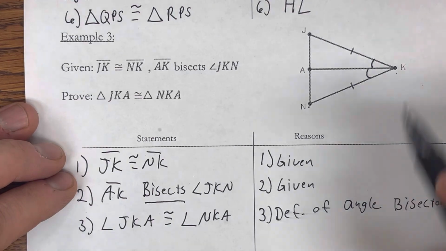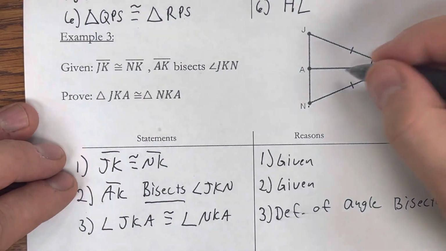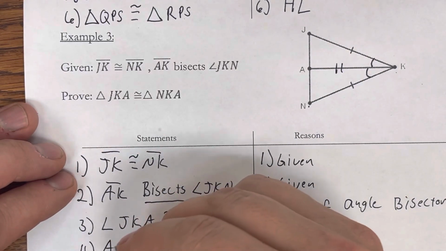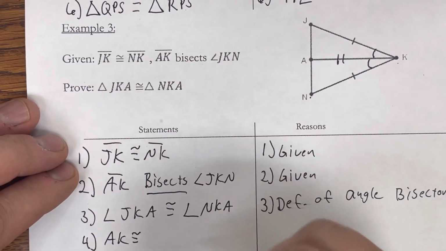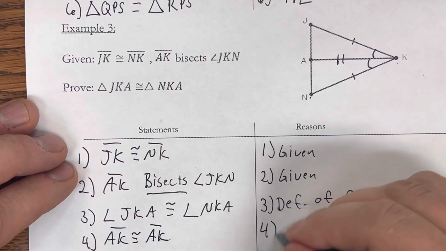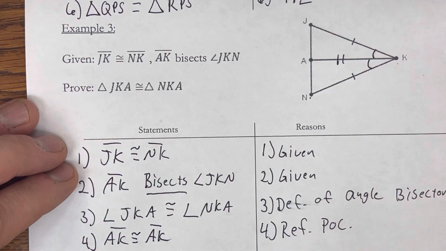All right, so now we have a side and an angle. One key piece left, the piece in the middle, congruent to itself. I need to write that in. Step 4, AK is congruent to AK. Segment shown above. Reason, reflexive property of congruence. And now we have enough information.